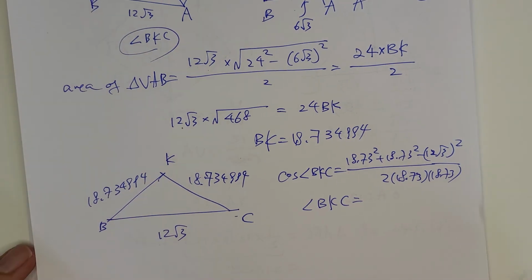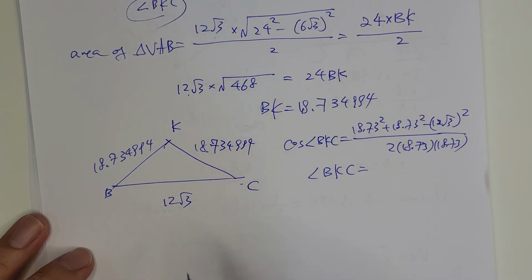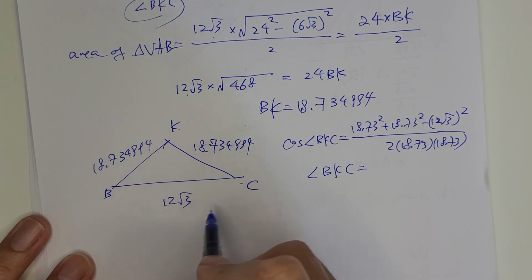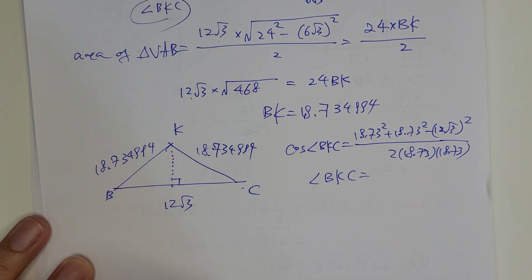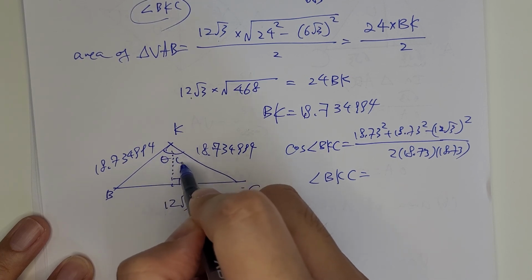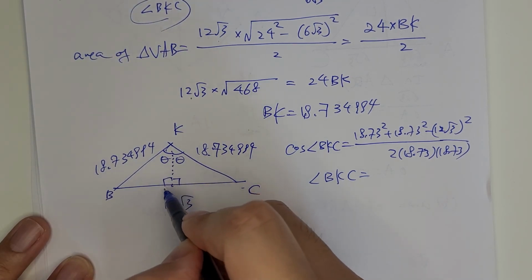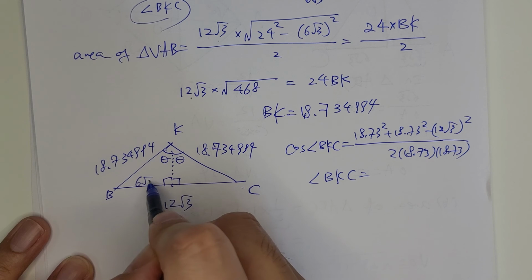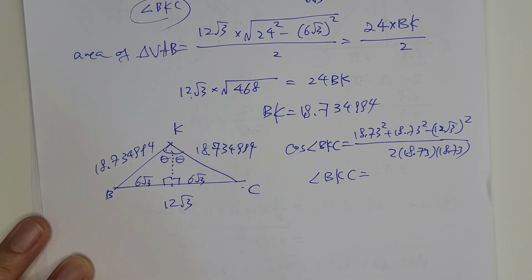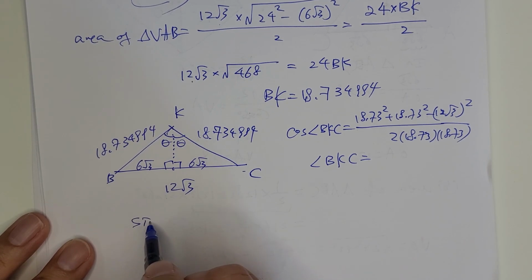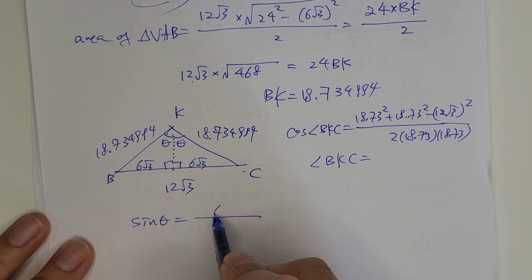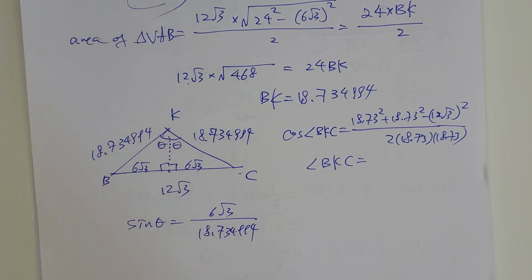But for me, I want to introduce a second method. Since you find that it is another isosceles triangle, I draw this one. I call these two angles theta respectively, and each of these sides will be 6√3. So you can do it in this way. Sine theta equals 6 times root 3 over 18.734994.